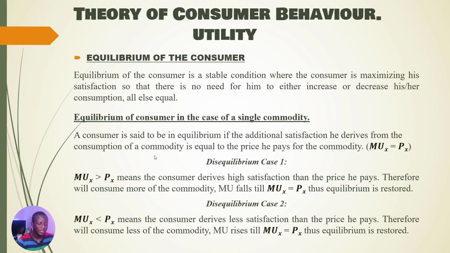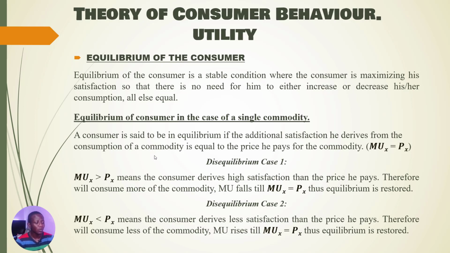So the point at which you feel okay with whatever you are buying, you are okay with the price, the satisfaction that you place on that commodity is equal to the monetary value that you are willing to buy that commodity for. That is what is termed as the equilibrium condition. And in a single commodity case, that's a situation whereby you are consuming just one commodity.